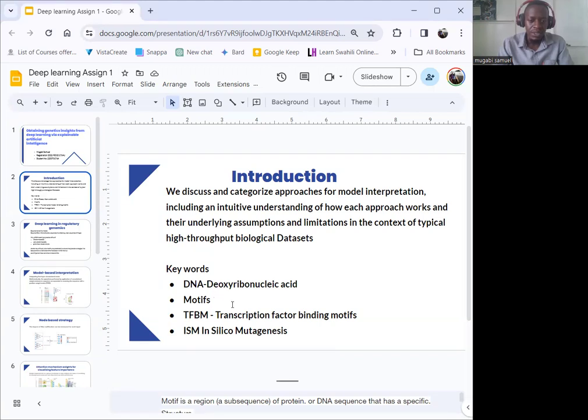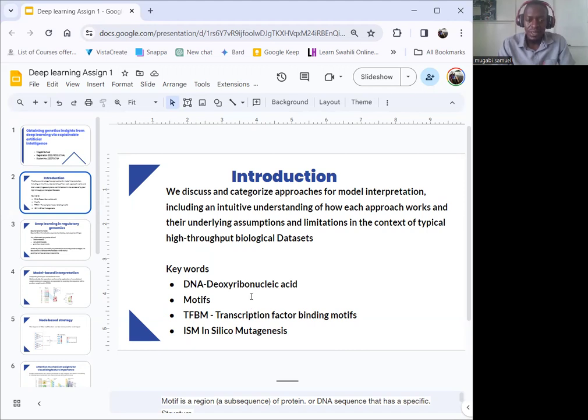And then the motifs, we shall be seeing this very often. The basic meaning of a motif is a repetition of a pattern. In biology or genetics, these motif patterns signify a specific sequence. They are proteins, but they signify a specific sequence.